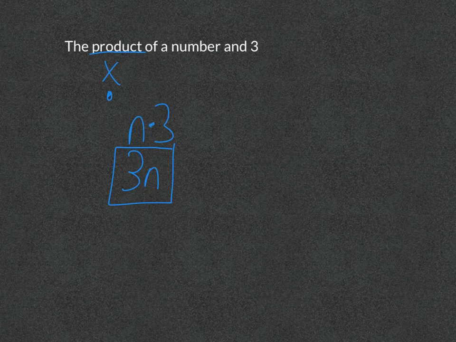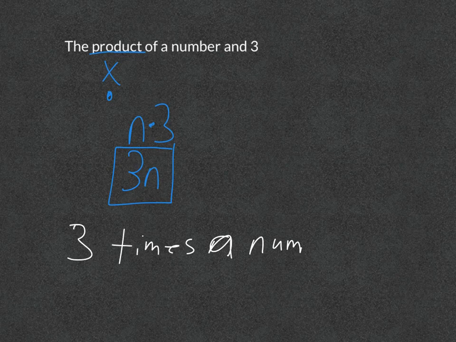I just said it, right? We could say 3 times n. So we translated verbal to mathematical, and now we translate mathematical back to verbal, or 3 times a number. Okay, so there's just an example, and let's look at a couple more.